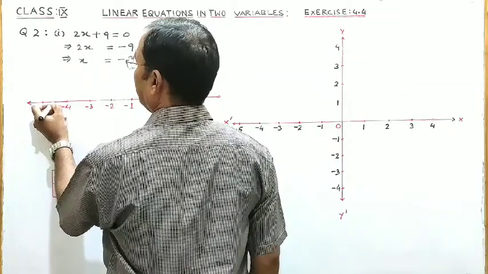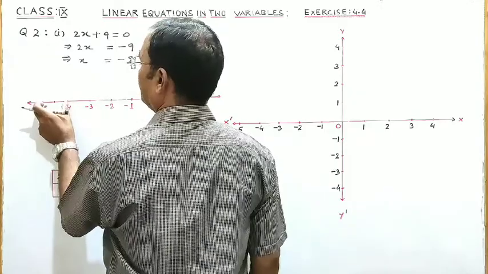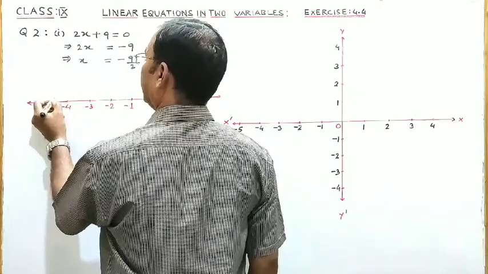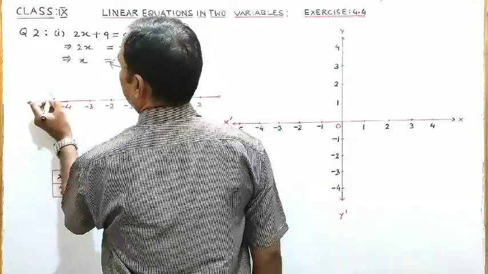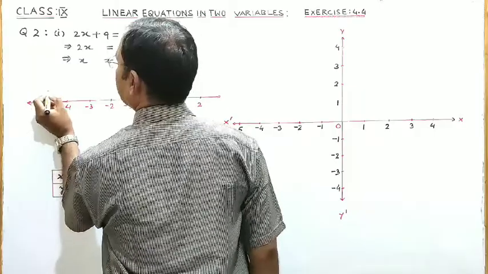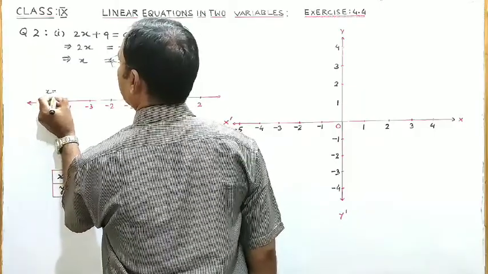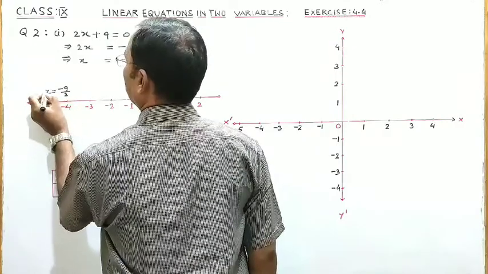So exactly the middle point, the center of minus 4 to minus 5, is minus 4.5. So this point on the number line represents x is equal to minus 9 by 2.